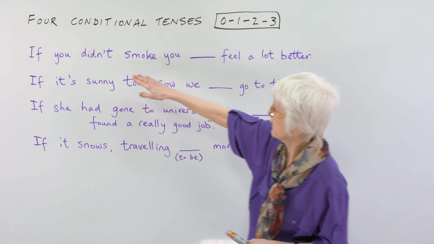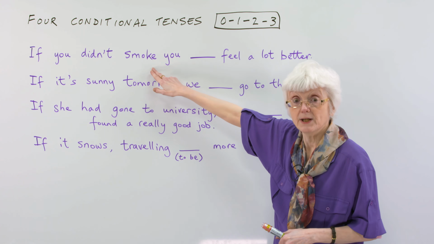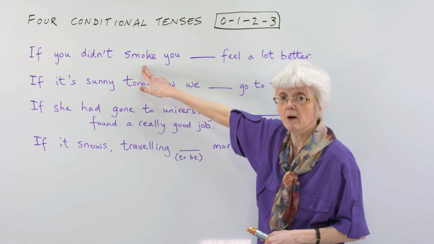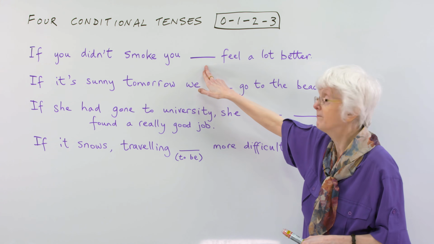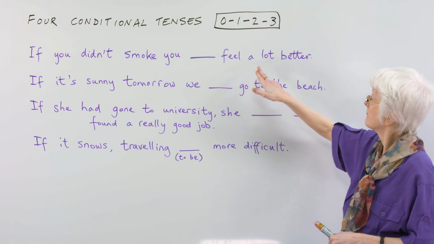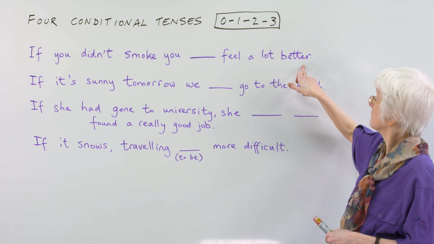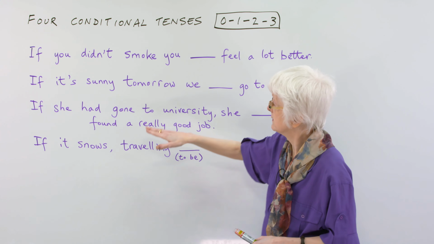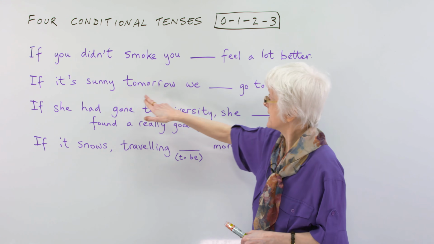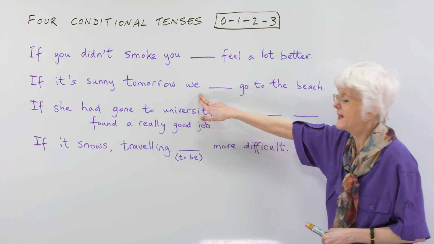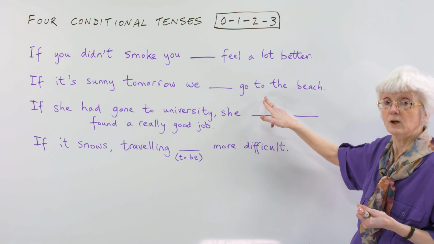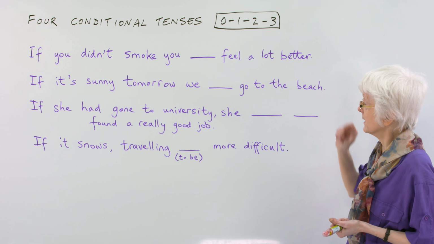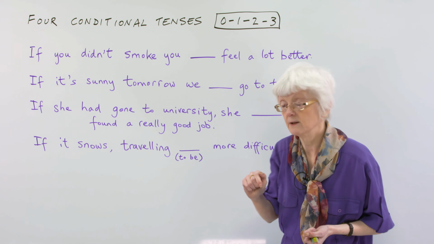So here's the first one. If you didn't smoke cigarettes, if you didn't smoke, you ___ feel a lot better. Okay? And then the next one. If it's sunny tomorrow, we ___ go to the beach. Right. Next one.